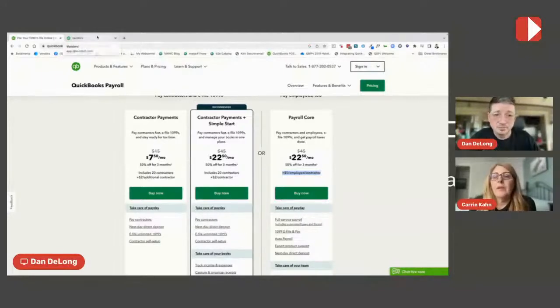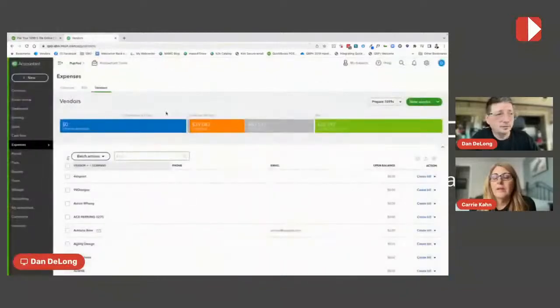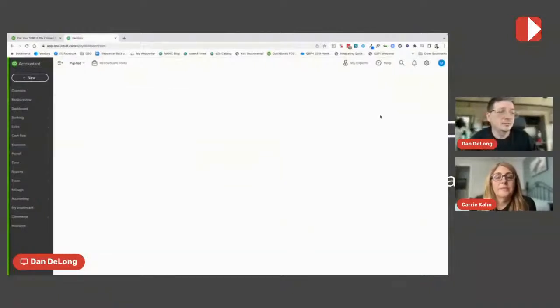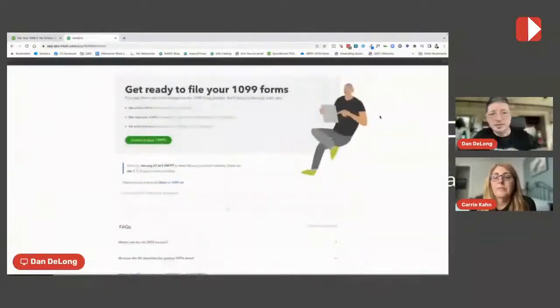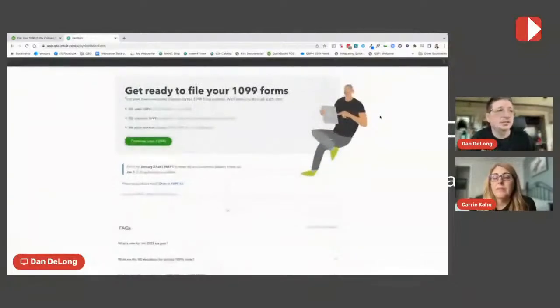Now, if you're not using any of these services and you want to e-file or prepare your 1099s for the prior tax year, you certainly can. By going into the vendor center and then clicking prepare 1099s, you get this. This is where the definite confusion is: you do not want to order a kit and print and mail, not these days, not when you can do it e-file.